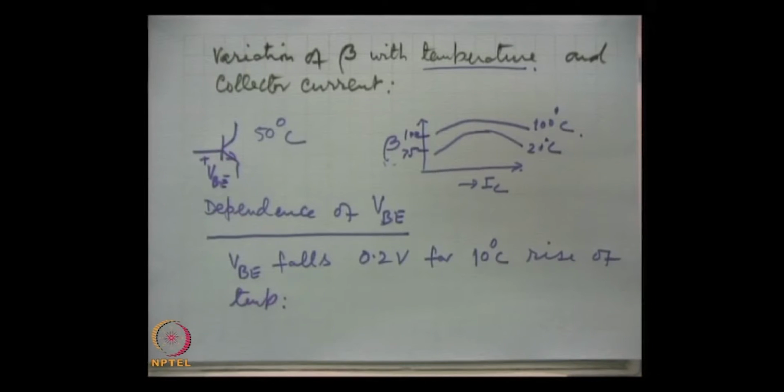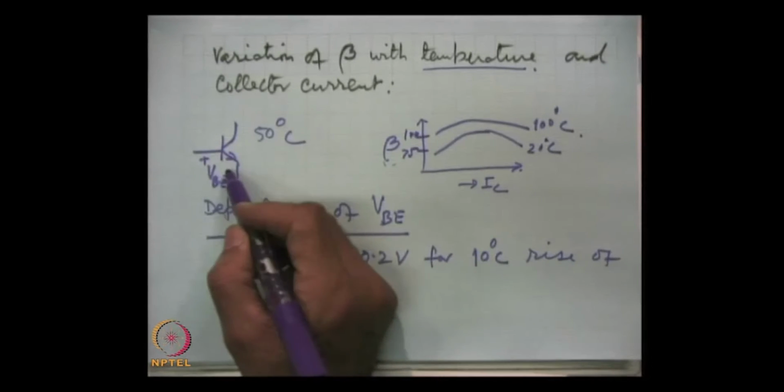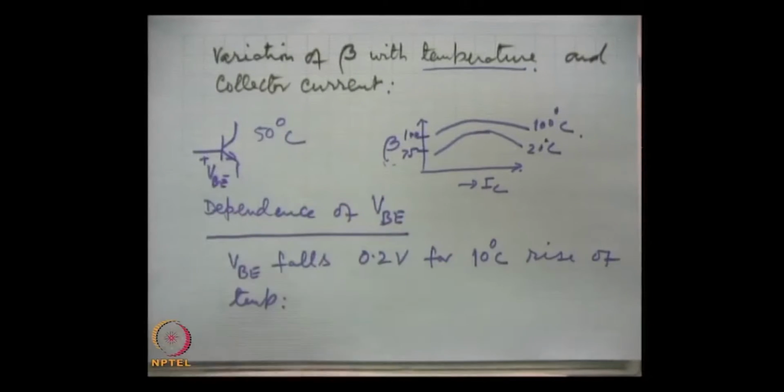For you it is sufficient to remember that temperature also changes the voltage drop which occurs across the base emitter junction. So, these are certain parameters which we will be making use of.